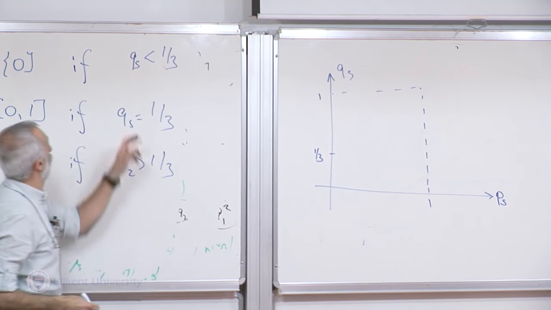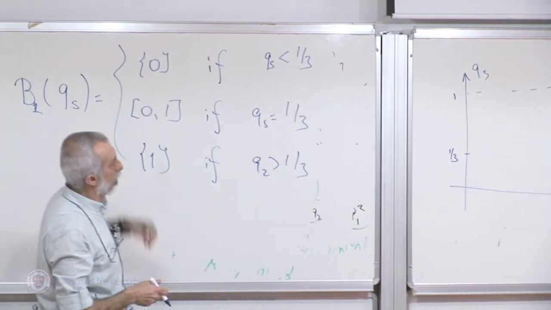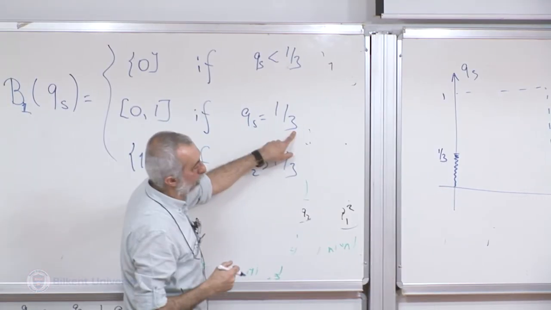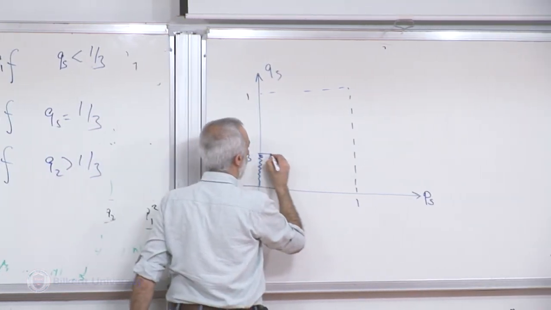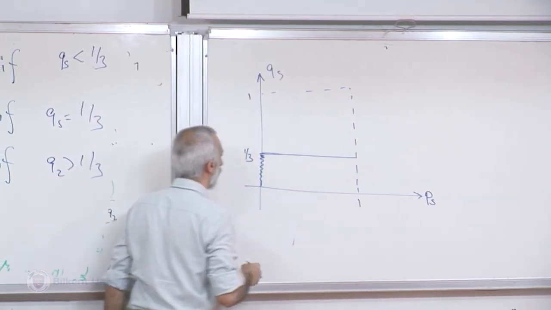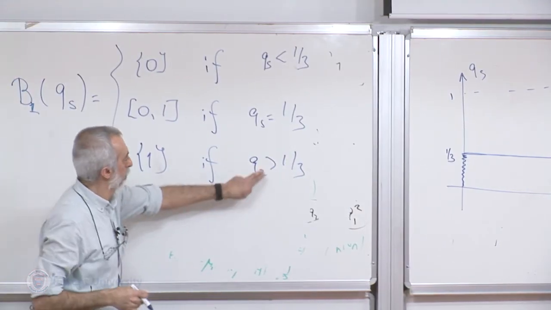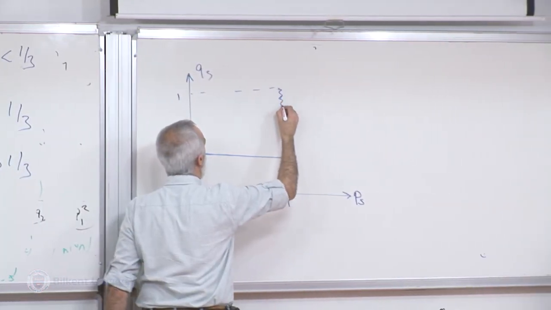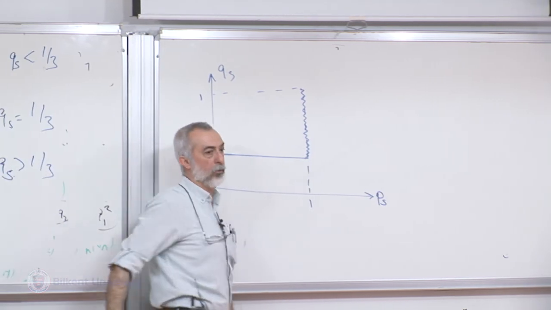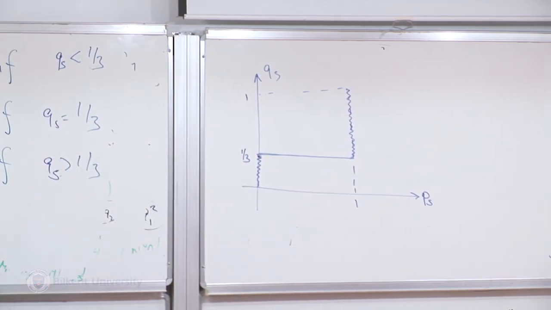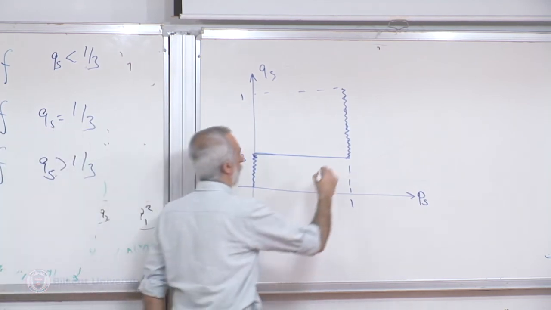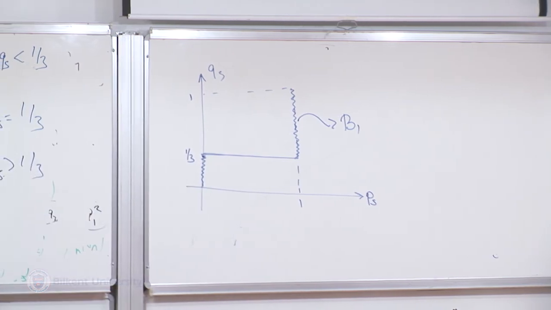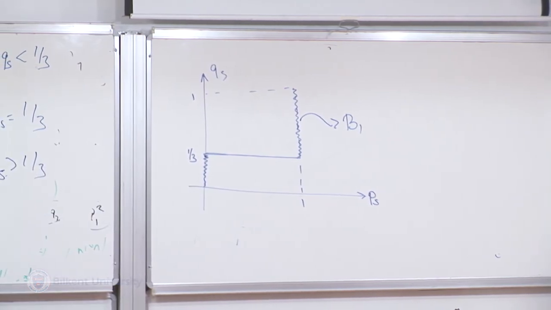So when QS is less than 1 over 3, 0 is the best response. When QS is equal to 1 over 3, PS can be anything between 0 and 1, including 0 and 1. And when QS is bigger than 1 over 3, going to the soccer match with probability 1, going to the soccer match for sure, is a best response. So that's the graph of B1 in the mixed extension game. Okay?